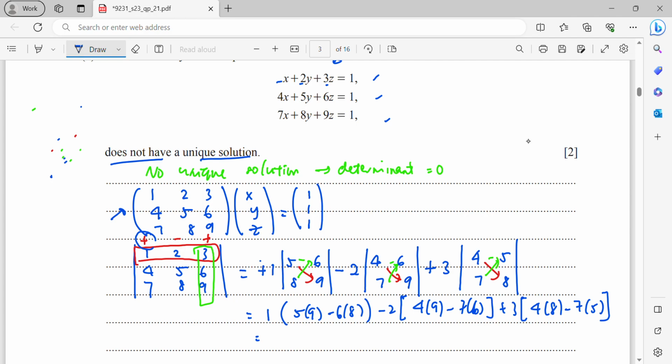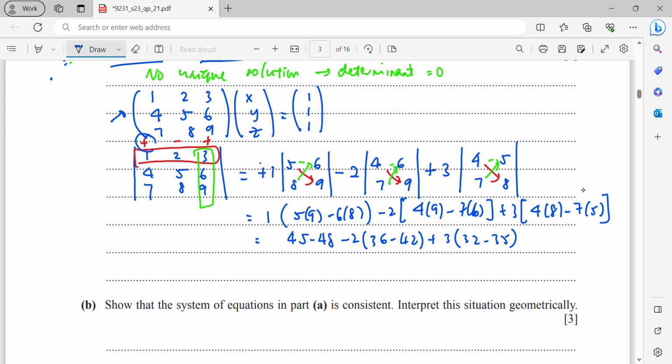When you calculate the first one, it will be 45 minus 48. Then minus 2 bracket 36 minus 42, then plus 3 bracket 32 minus 35. When you calculate these values using a calculator, at last you will get 0. So right here, the determinant equals 0.